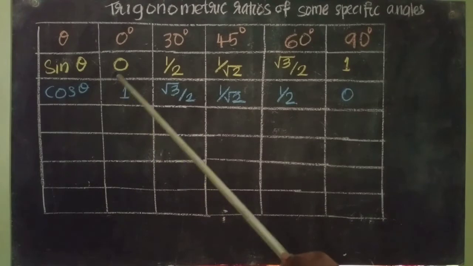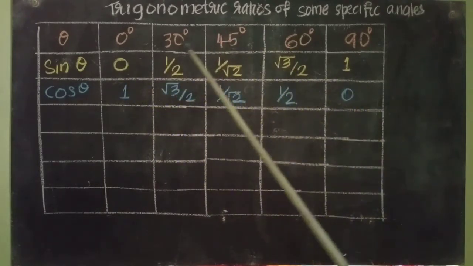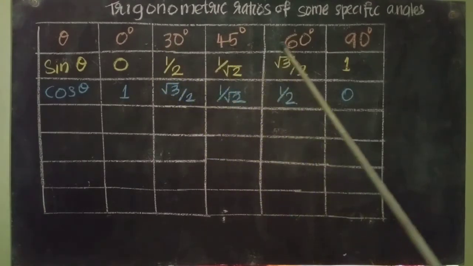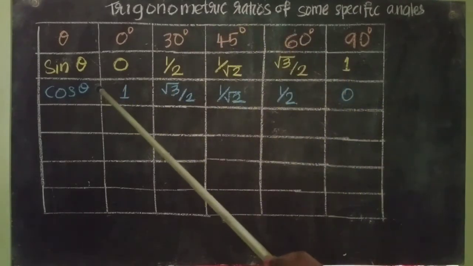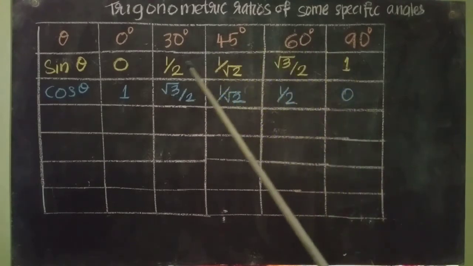If you study the values of sin theta, it is very easy to write the values of cos theta, because you see here the order of sin theta. It is 0, 1 by 2, 1 by root 2, root 3 by 2, 1. Now you see the order of cos theta. It is the reverse order.